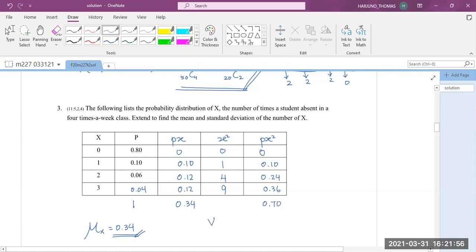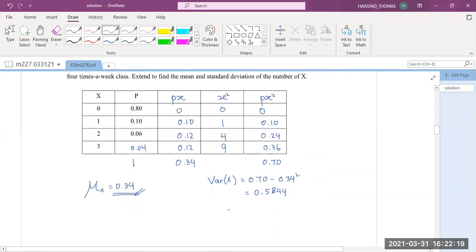So the variance of random variable x will be 0.70 minus 0.34 squared. I get 0.5844.